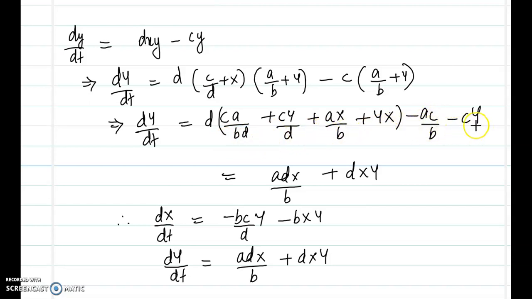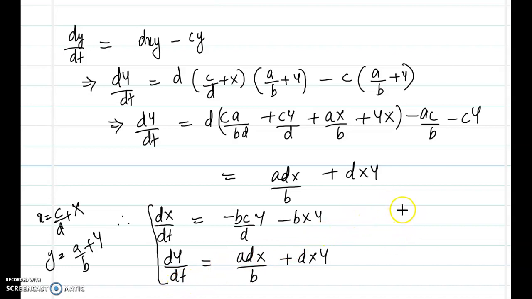So cY and ac by b will cancel off, and remaining we will get adX by b plus dXY. So we will get these two equations when we take x equal to c by d plus X and y equal to a by b plus Y, giving dX by dt and dY by dt as these.